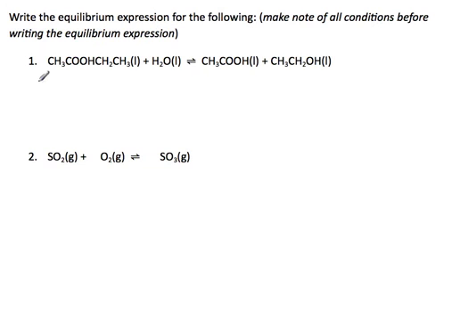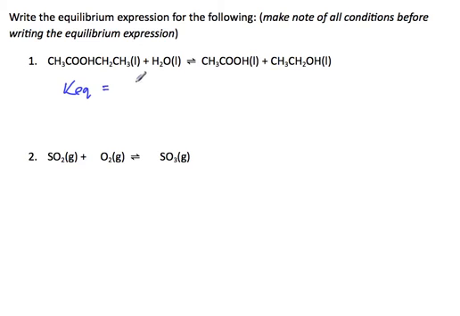A couple more examples. Here's the equilibrium for either the formation or decomposition of an ester, which you might remember from organic chem. Again, I'm going to use the subscript EQ here, which just means at equilibrium.